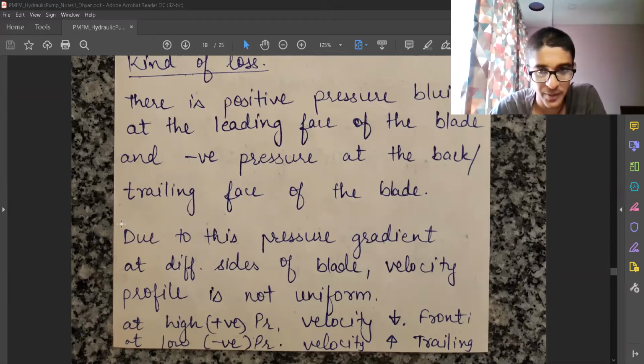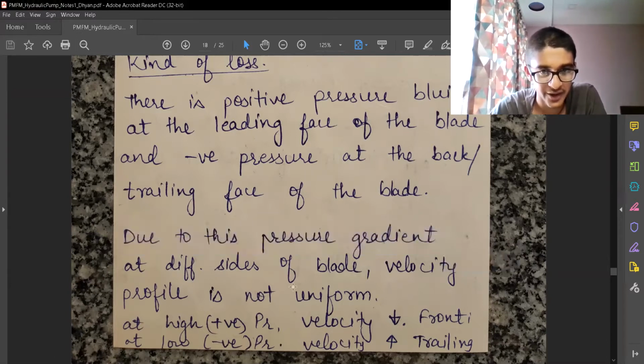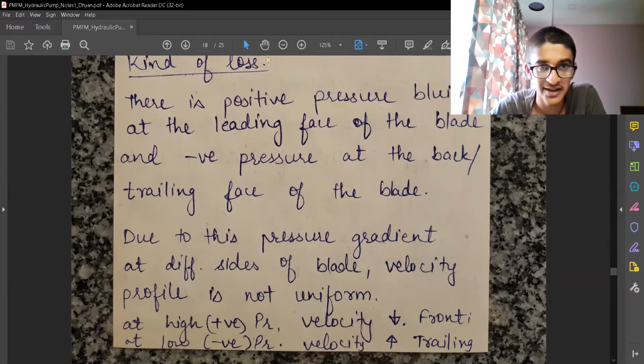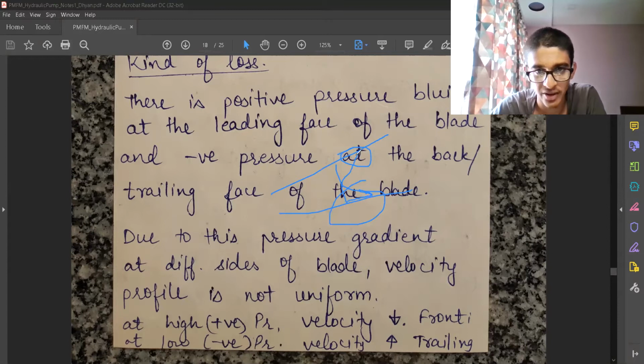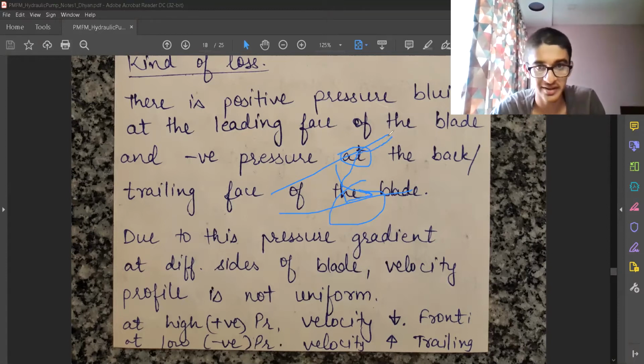So this is a loss due to pressure gradient, and at different sides of the blade, the velocity profile is not uniform. So we have an increasing and decreasing velocity profile. If we have two blades like this, at the blades we have some different things happening. The velocity can reduce drastically or increase drastically because of the pressure gradient.